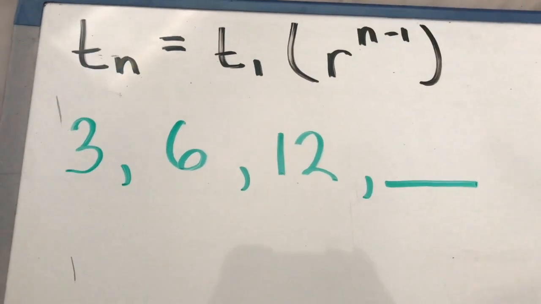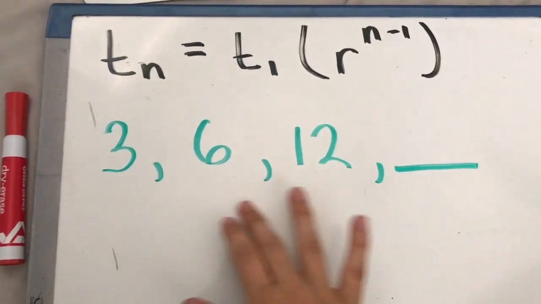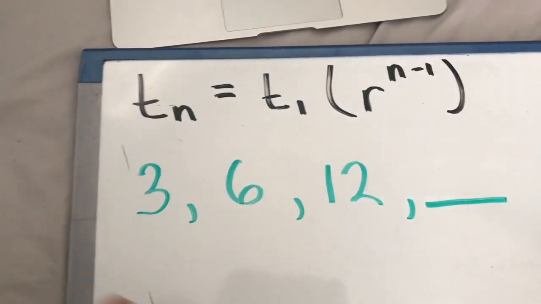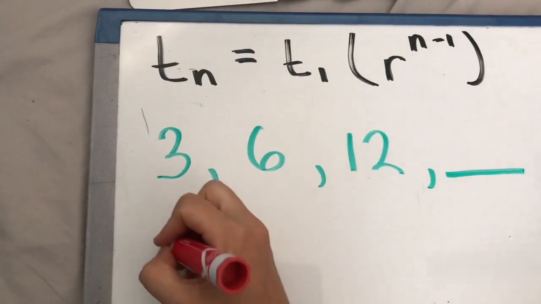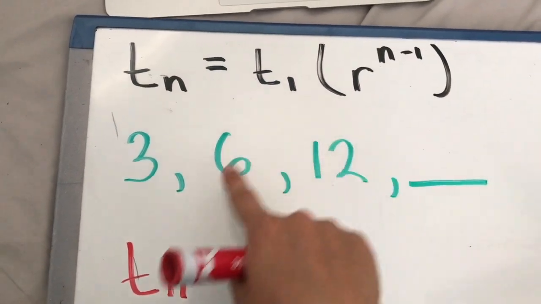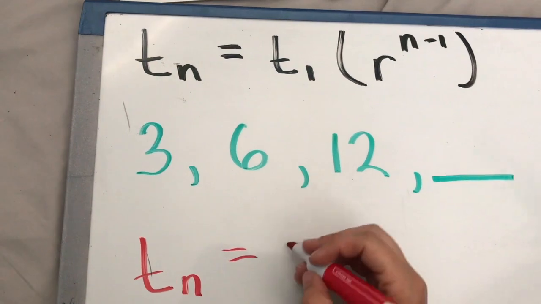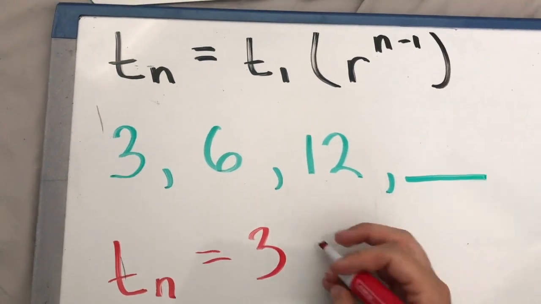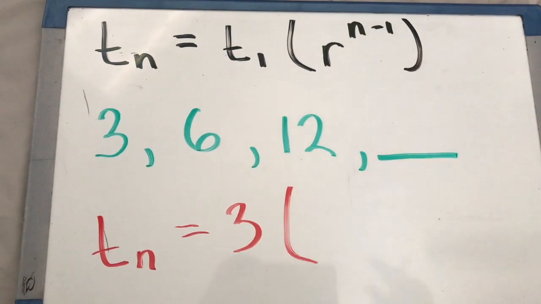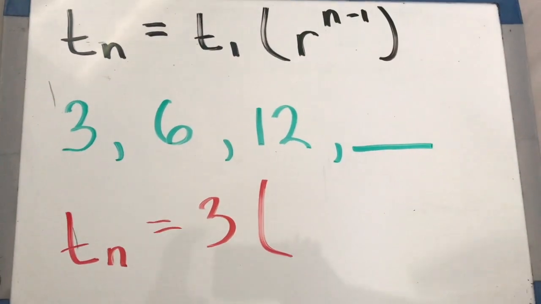So now let's plug this in, let's figure out what the equation is for this sequence here. So I'm going to just write t of n equals t of 1, which is 3, and then times r. So now I got to figure out what am I multiplying by in this sequence.